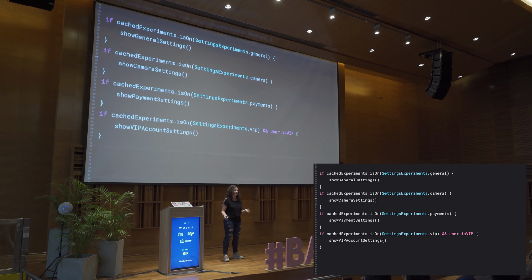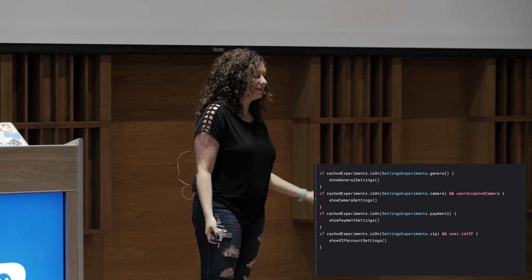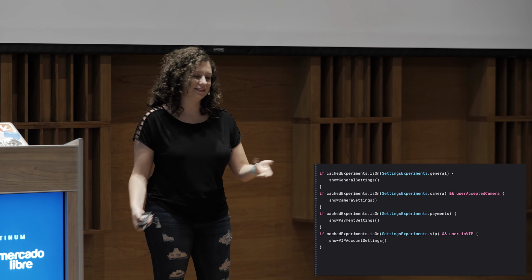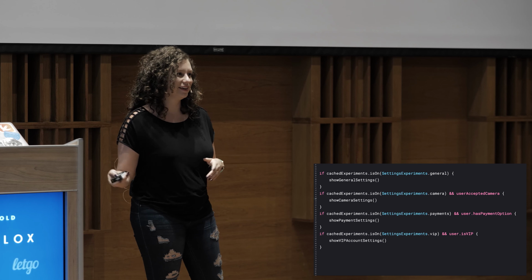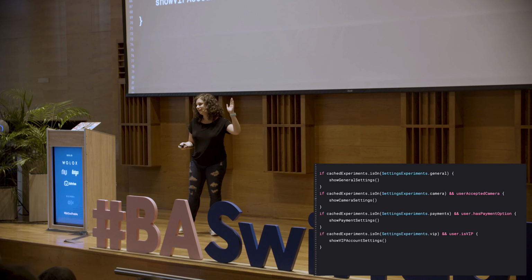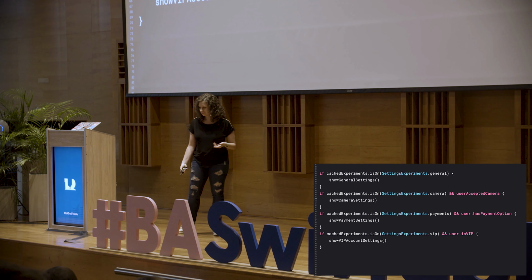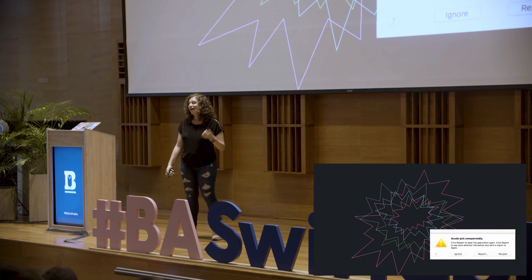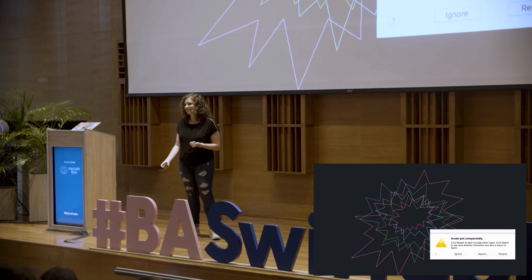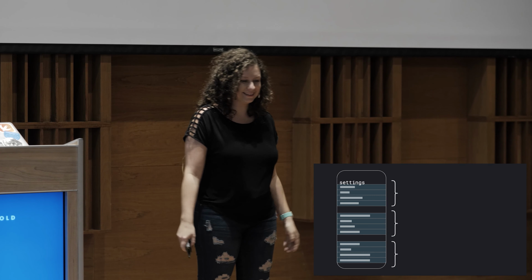So the VIP sessions are going to show only if the user is a VIP. And this is going to show only if the user has accepted the camera permissions, and so on. We usually want some more verification than just a feature flag. The feature flag is just the gate. And this is not maintainable at all. This code is not going to crash Xcode, but it could. Xcode crashes.